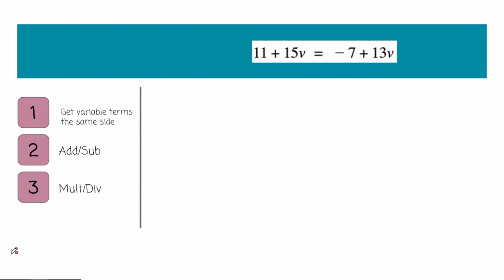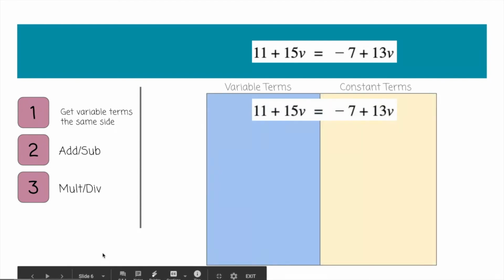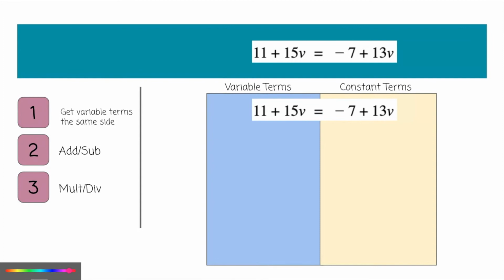In this example, we have 11 plus 15v equals negative 7 plus 13v. The first thing that we're going to want to do is to think about getting all of our variables to the same side. You can think of one side as being our variable terms, and the other side as our constant terms.